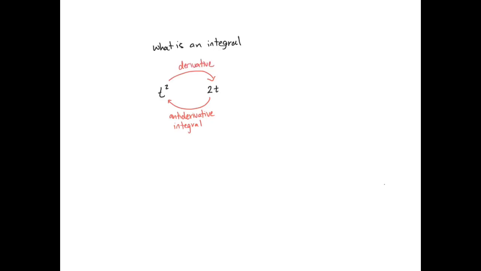So let's say this represented a position. So you had x is equal to t squared. If you take dx over dt, you'll end up over here at 2t, and this represents the velocity.